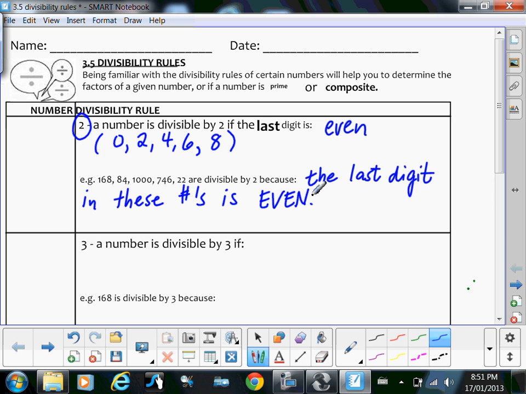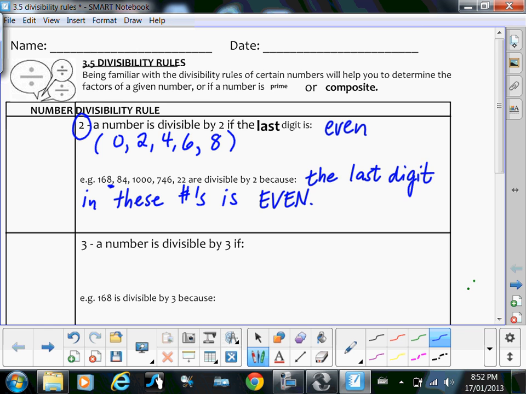For example, if you look at the number 168, the last digit is an 8. We know that 8 is an even number, so the number automatically has to be divisible by 2.